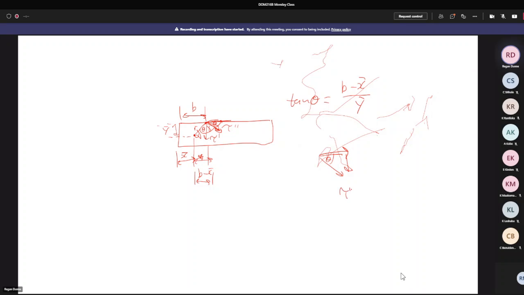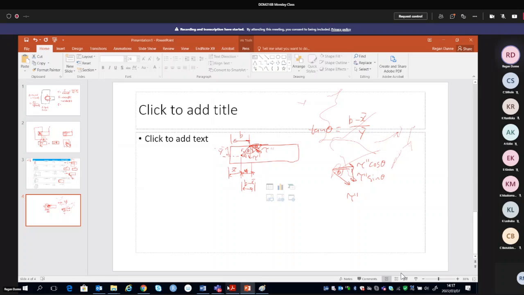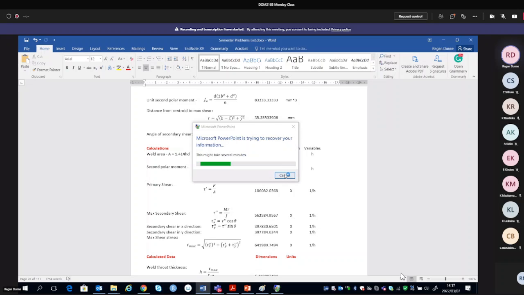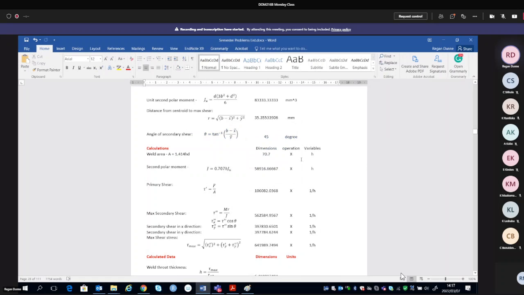So this is tau double prime sine theta, and tau double prime cos theta. So that's where we get those two components, tau x double prime and tau y double prime.